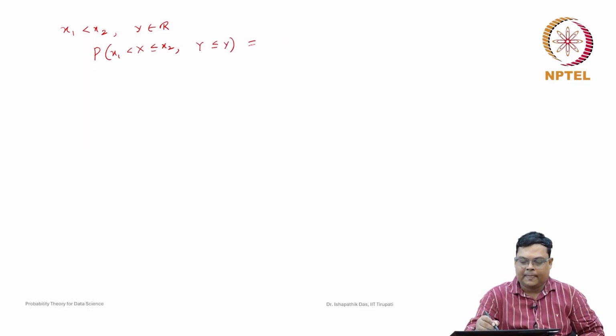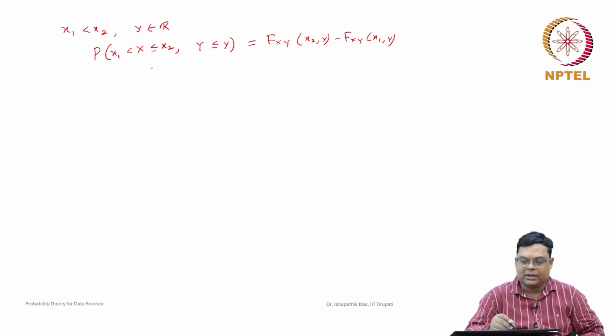This probability will be F_XY(x2, y) minus F_XY(x1, y). In the univariate case it is nothing but F_X(x2) minus F_X(x1), but here y is also there, so fixing y we can find this probability.